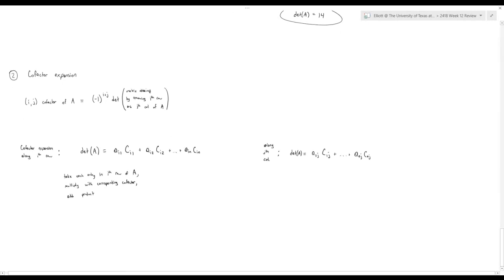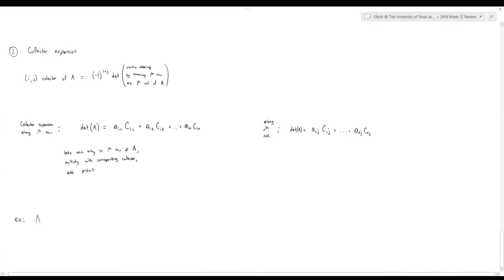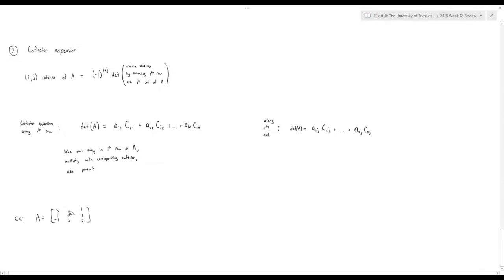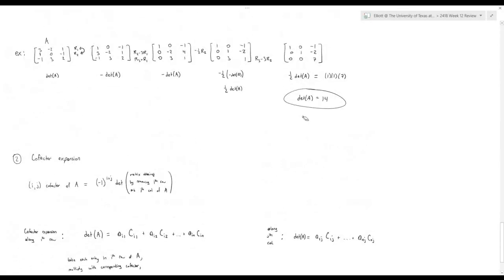Okay. So I'll illustrate this with an example. I'm going to use the matrix that we had in the previous example. So we computed the determinant of this matrix, and it was 14.